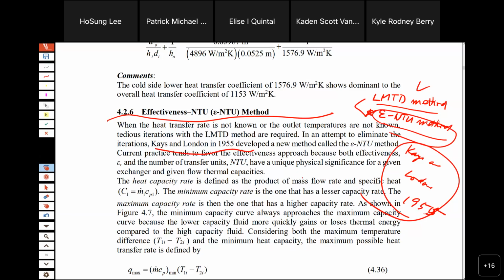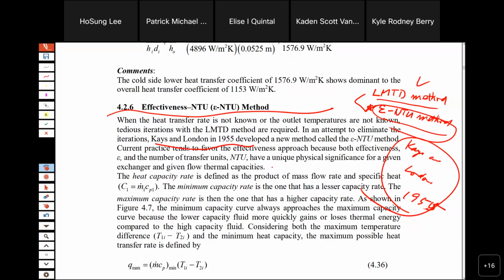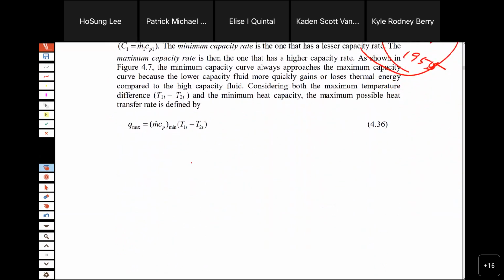So what is this type? I think if we can define what would be the practical max heat transfer, that was very challenging. What is the maximum possible? Not the maximum possible, practically possible. Okay.